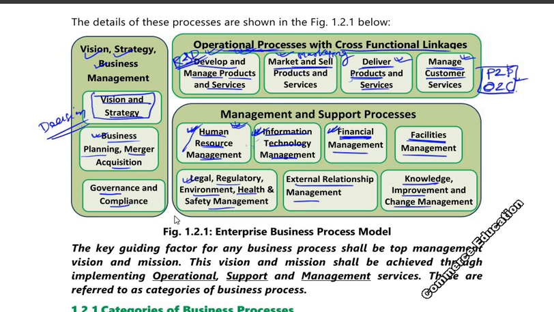So these are management and supporting processes that are indirectly supporting the operational processes to make them happen. But any business process is required to follow the vision and mission. So we can say vision and mission is the key guiding factor for any business process. Vision and mission of a particular business can be achieved through these processes, whatever I have discussed in this diagram: operational processes, supporting processes, management processes.